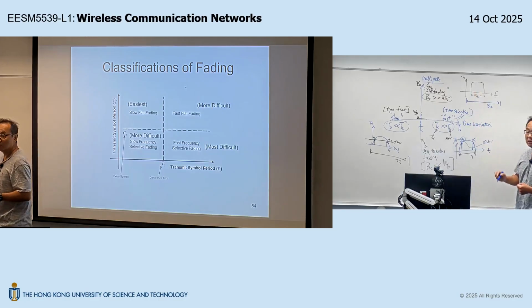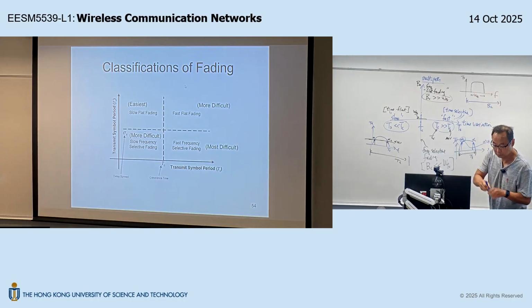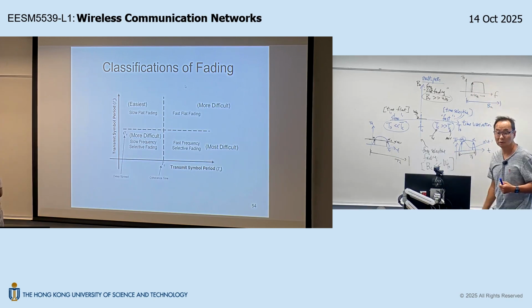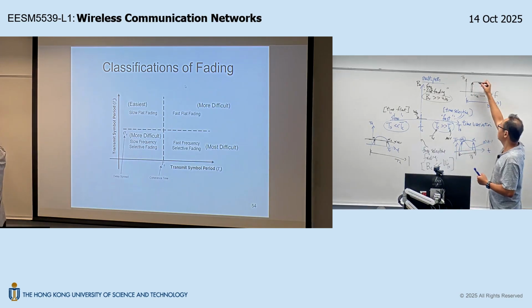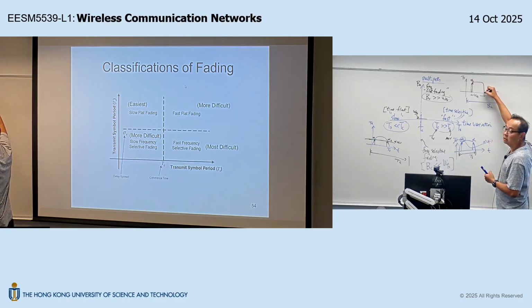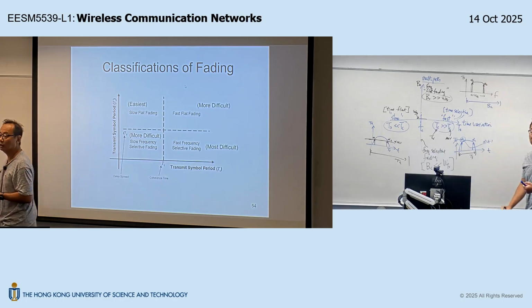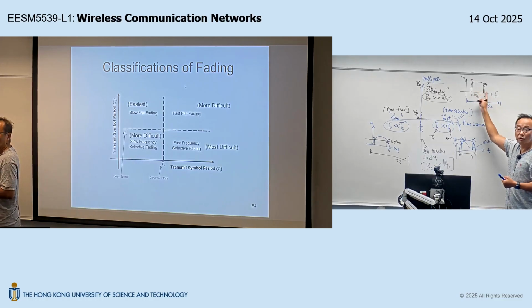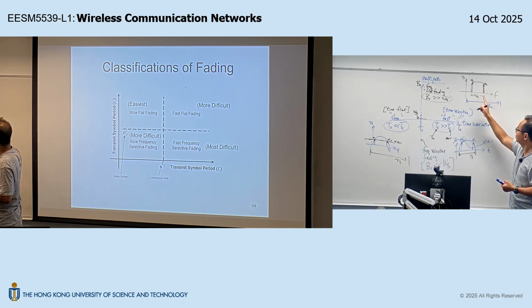So when you transmit the first frequency component in your transmitted signal, it will experience a certain fading coefficient, alpha 1, right? At the end of your spectrum, when you transmit the last component, you will experience a fading coefficient alpha 2, right? So the frequency separation within your transmitted spectrum is much less than the coherence bandwidth, right?